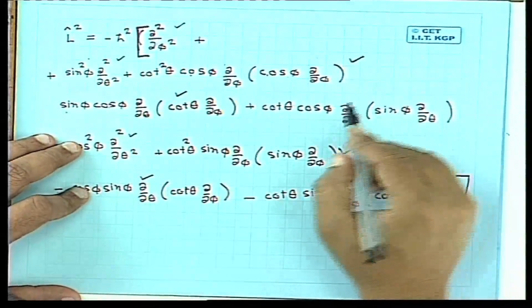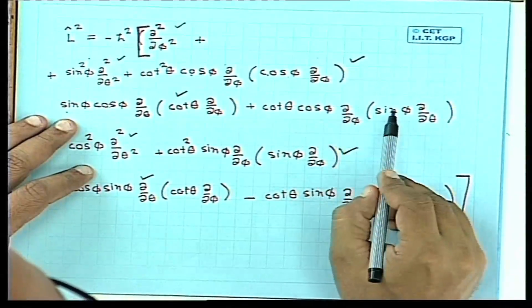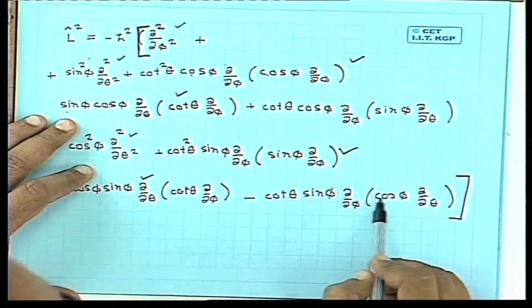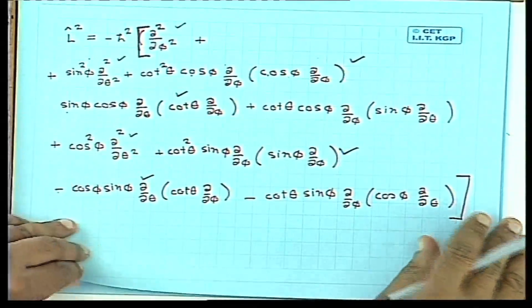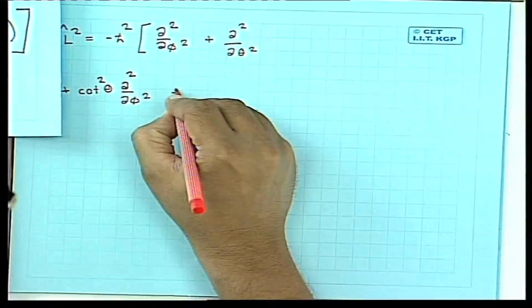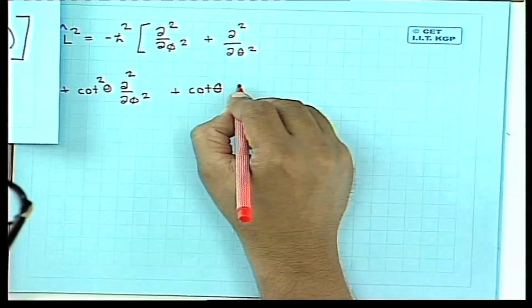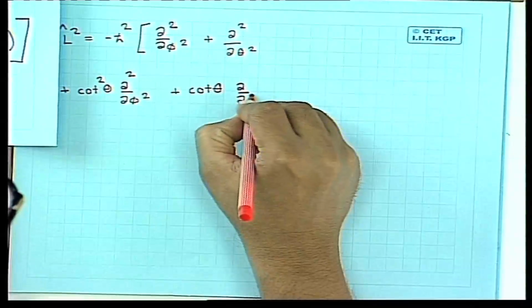So the resultant of the sum of the two terms when del by del phi acts on sine phi and on cos phi over here is plus cot theta del by del theta.